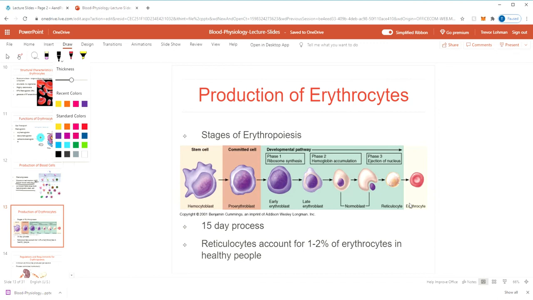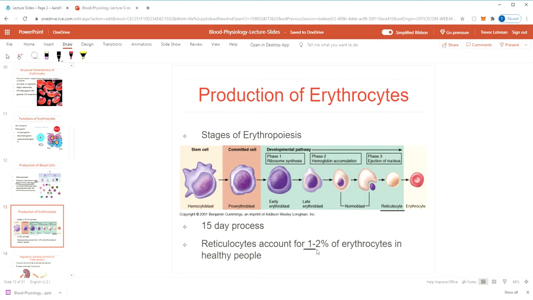So if someone's anemic, meaning they're low on hematocrit, low on red blood cells, their body's probably trying to counteract that by producing a lot of red blood cells so you can carry more oxygen. So what that means is that there's going to be more reticulocytes than normal in your blood because this process is happening at a greater scale.